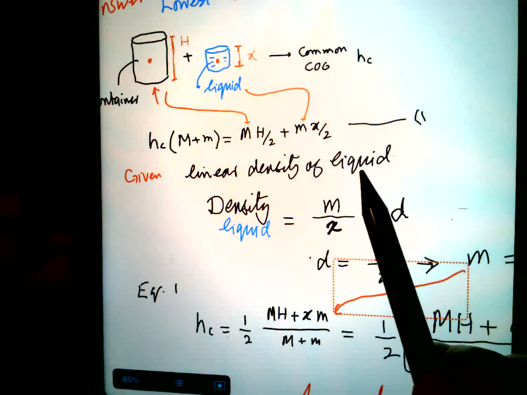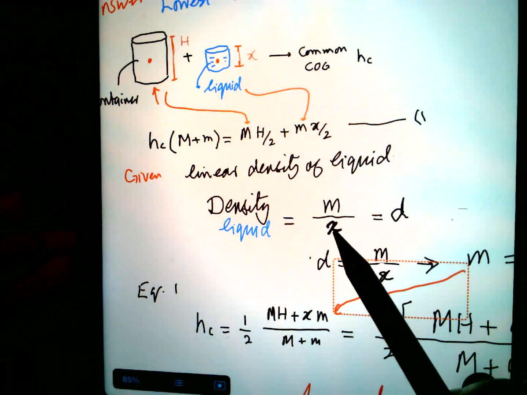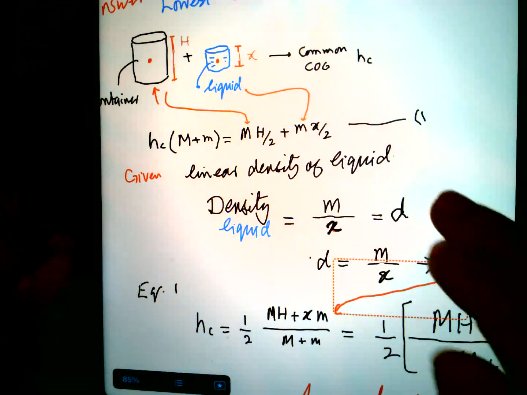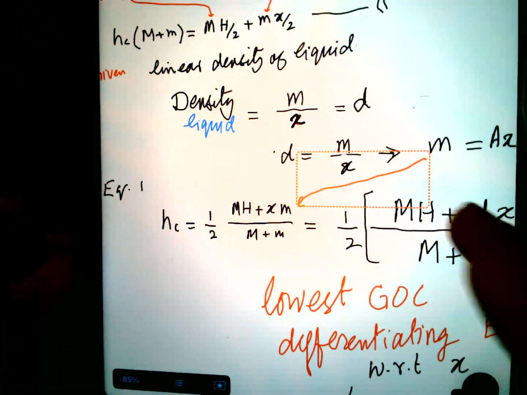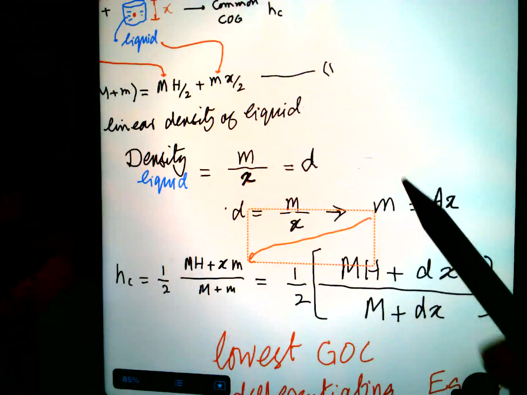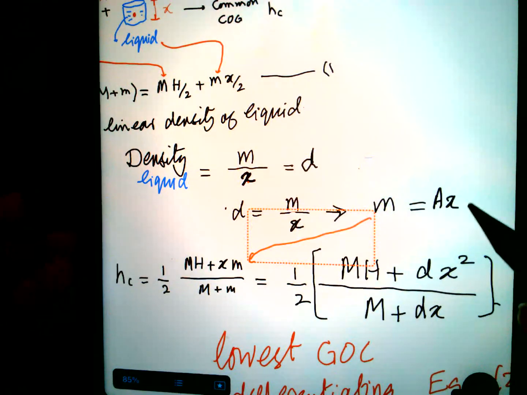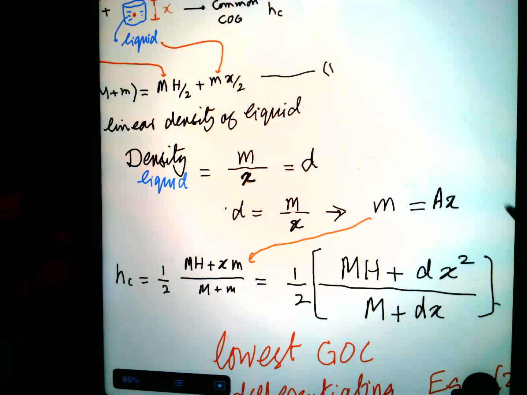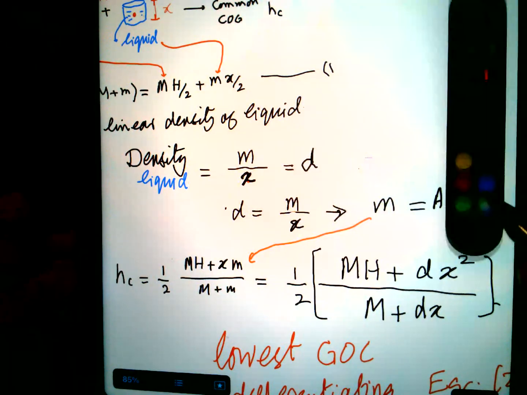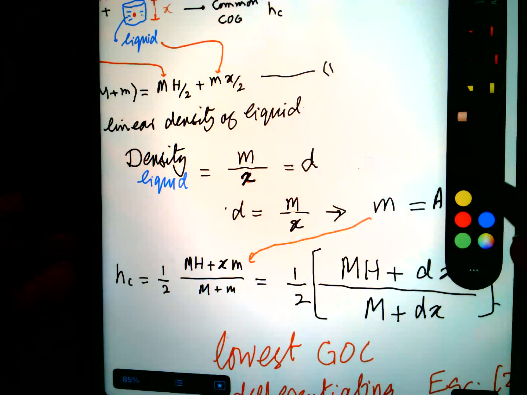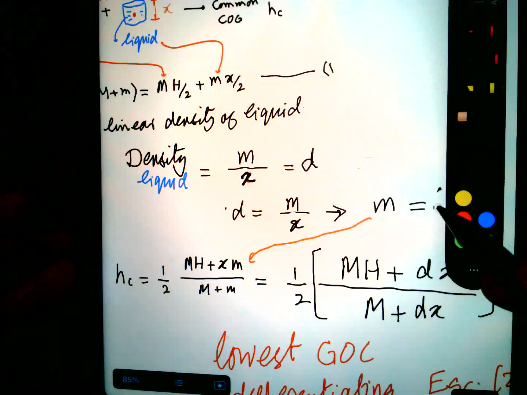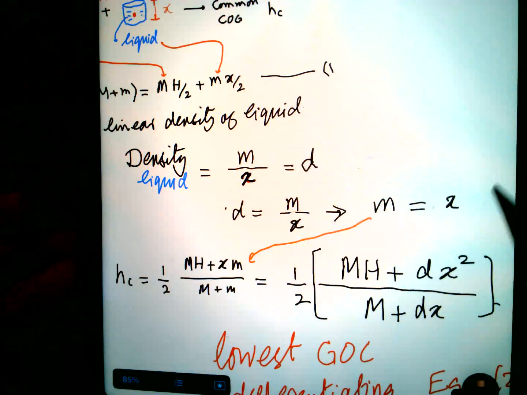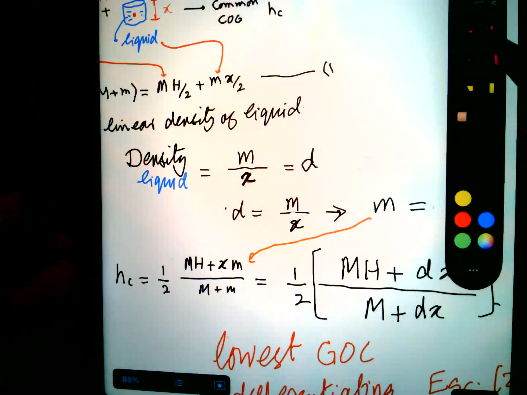The linear density is given. Density of the liquid m over x is equal to d. So m is equal to dx.